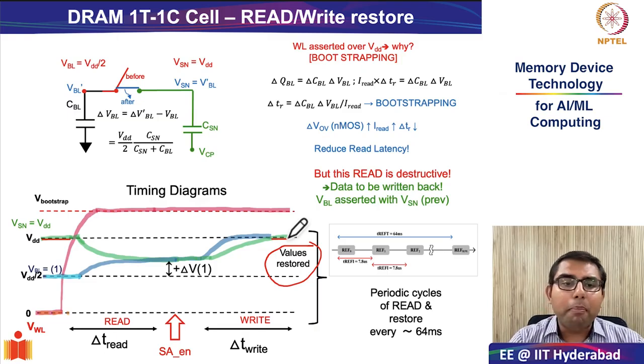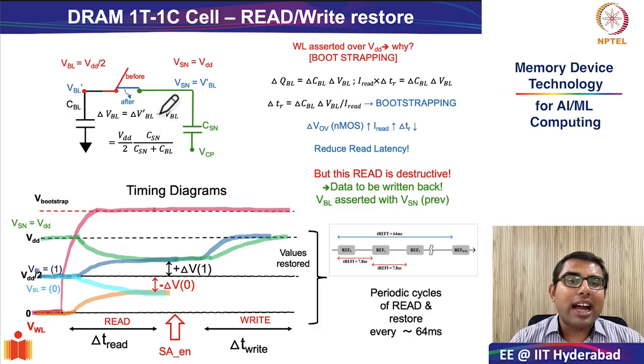Okay, just for completeness of discussion, we looked at what happens when the storage node value is VDD, that is 1. Let us look through another set of graphs which I have plotted in the bottom half over here, to see what happens when the value of the storage node was 0. So if the value of the storage node was 0, the storage node is now indicated by the orange line, and the bit line is indicated by this blue line.